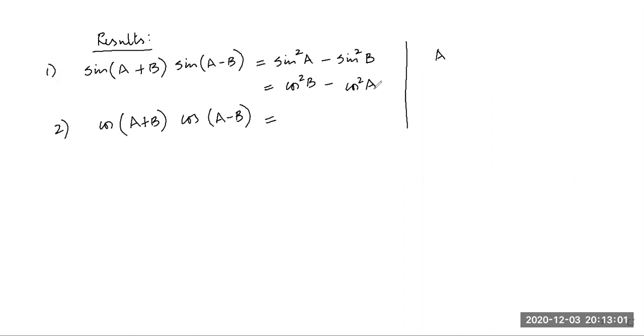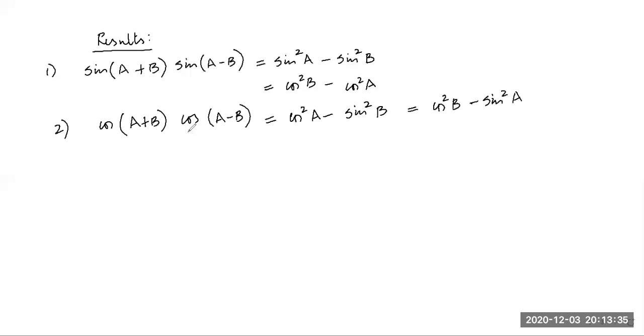Okay, so now cos of A plus B into cos of A minus B is equal to cos square A minus, in case of cos, here the function will change, sine square B, right? Well, that is equal to cos square B minus sine square A.